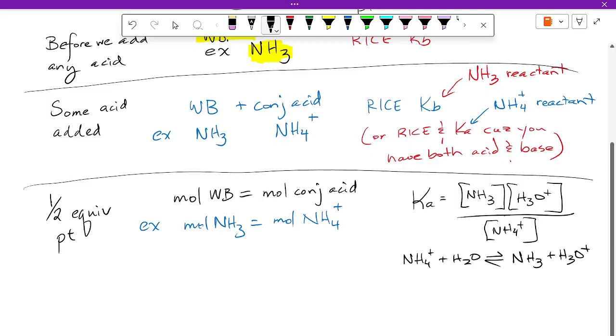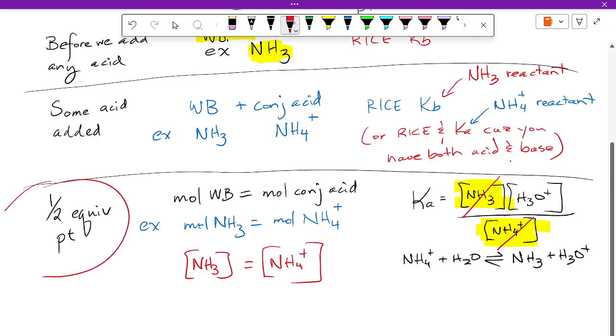So you could say, all right, these two are the same, so they cancel out. Our concentration of NH3 is the same as our concentration of NH4 plus. Okay, so at the half equivalence point, Ka is equal to H3O plus.